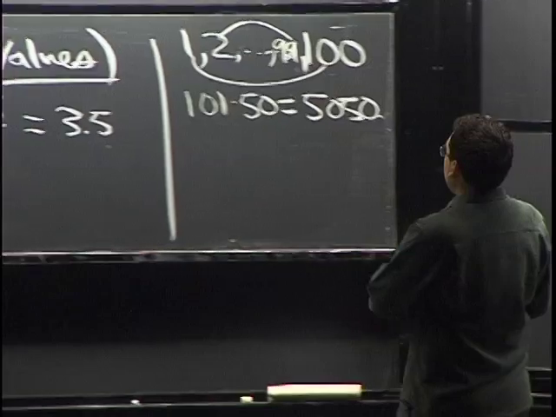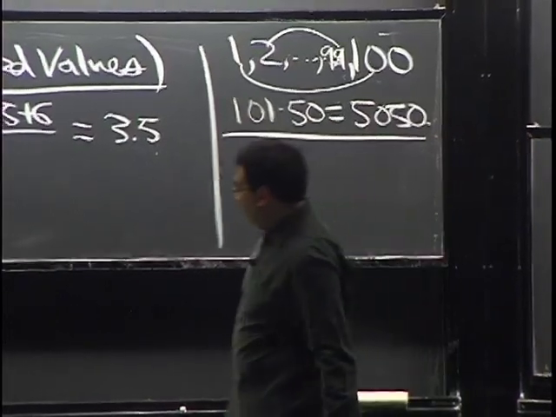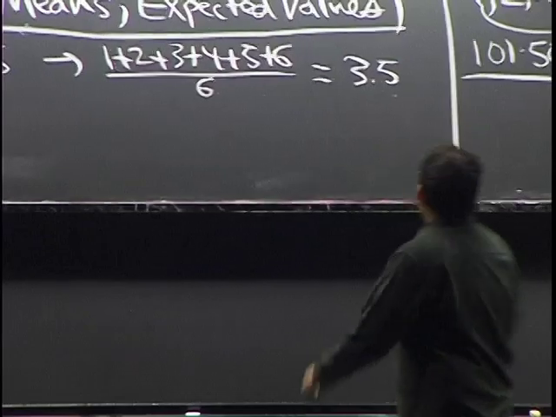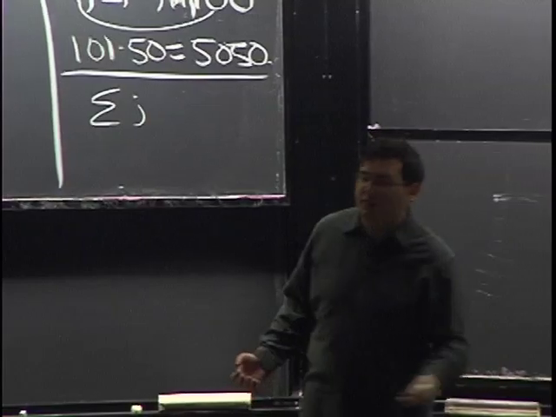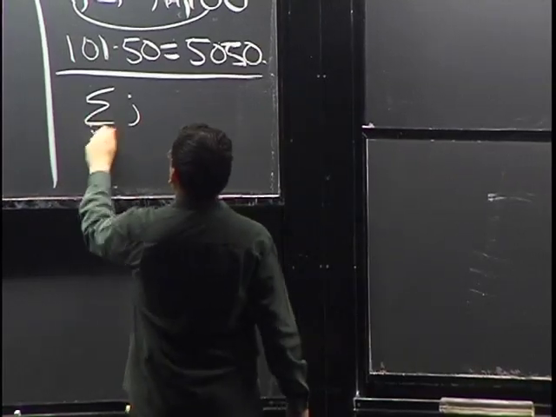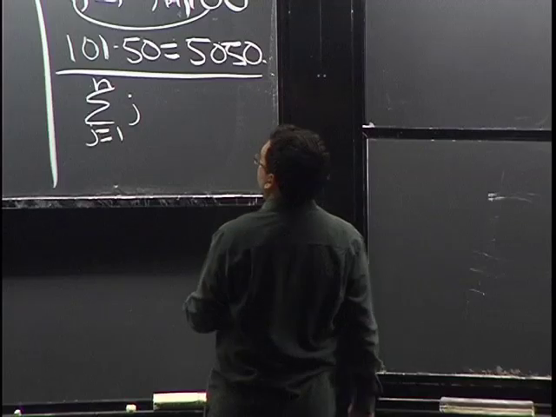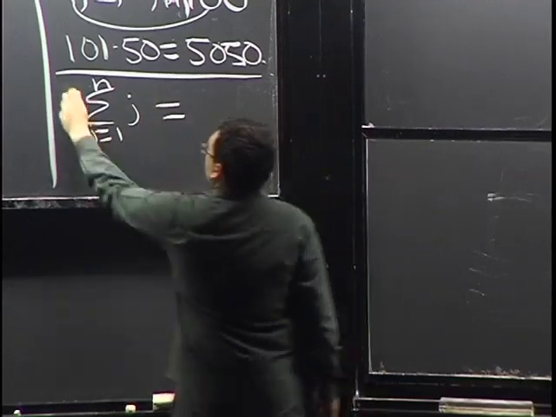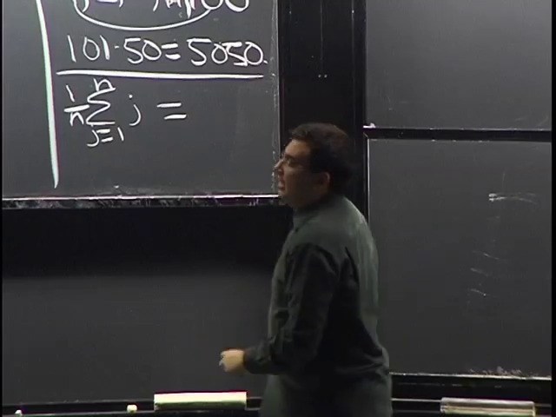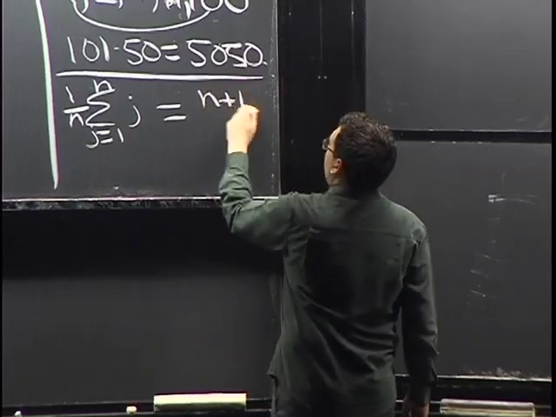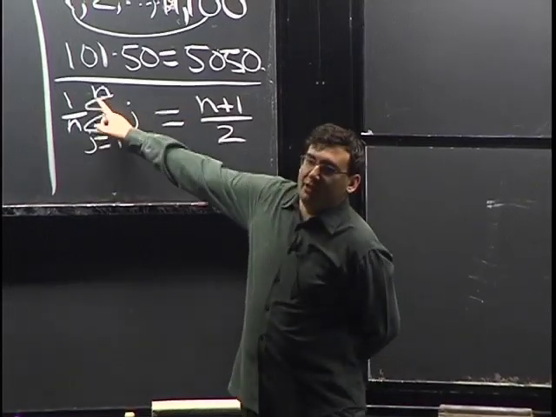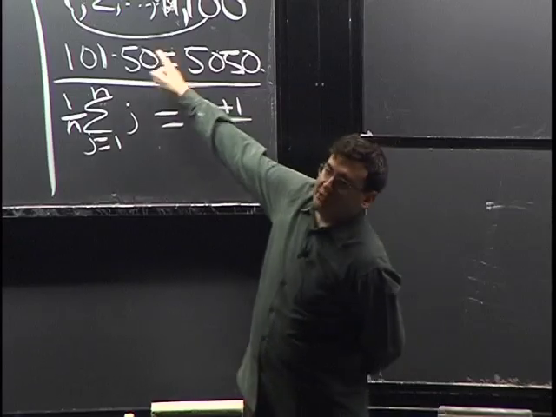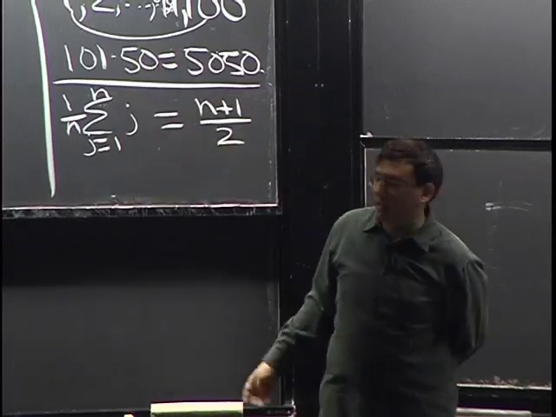So that's just an example of what I was just saying about an arithmetic series. It's useful in this class, but it's just useful in general. Everyone should know that if I want to average the numbers from 1 to n, that's (n plus 1) over 2, which is what I just said. It's the same thing as averaging the first number and the last number. And to prove that, you could do something similar to what Gauss did.